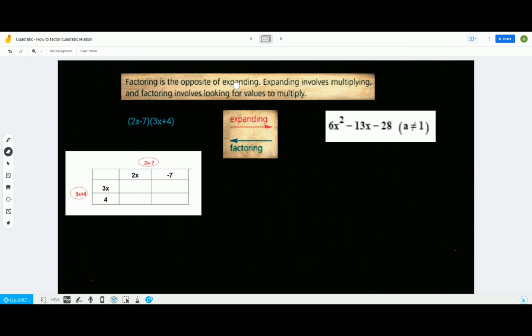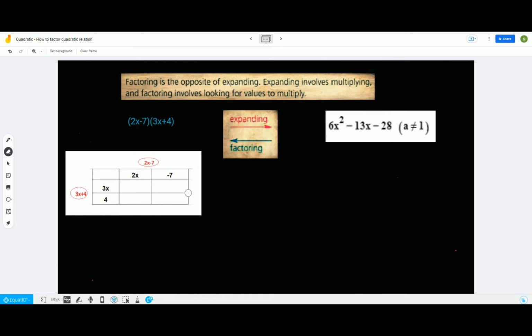Factoring is the opposite of expanding. Expanding involves multiplying, like 2x minus 7 times 3x plus 4, following the distributive property. Factoring involves finding the two binomials that multiply together. Let's look at how to expand these two binomials multiplied together.